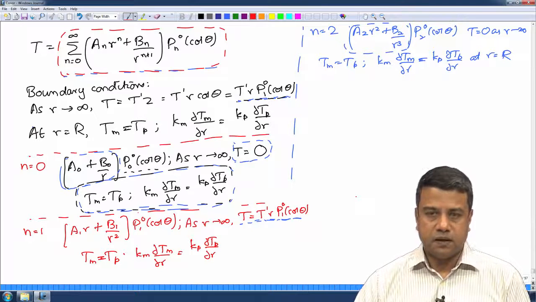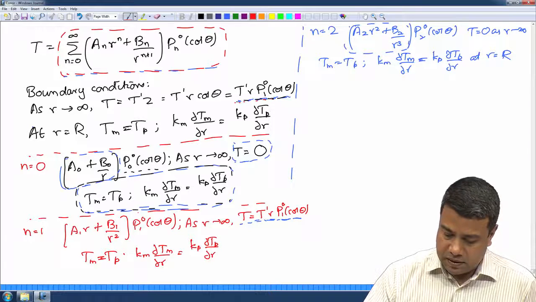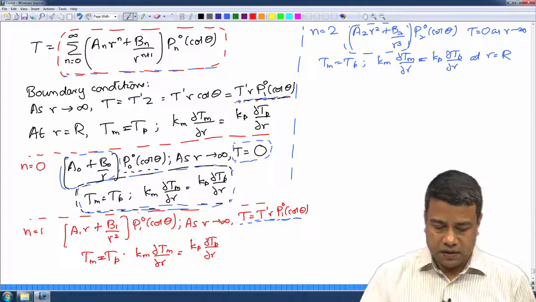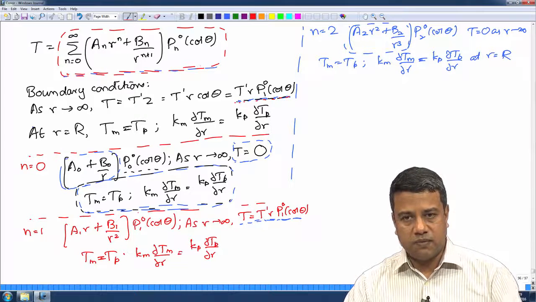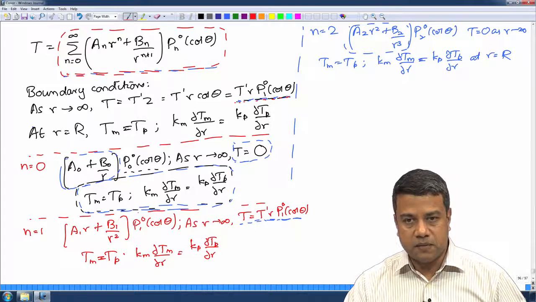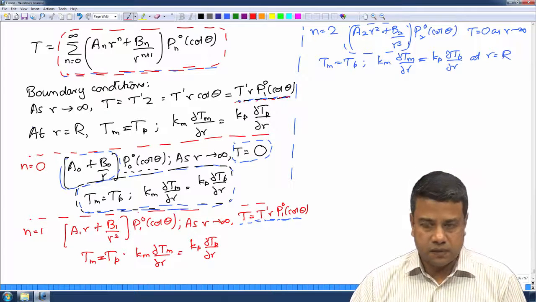Now, if you look at the boundary conditions, the boundary condition contains P_1^0 of cos theta. I have the solution, it contains various terms P0, P1, P2, P3, etc. Each of these is independent because each Legendre polynomial is orthogonal to each other Legendre polynomial.